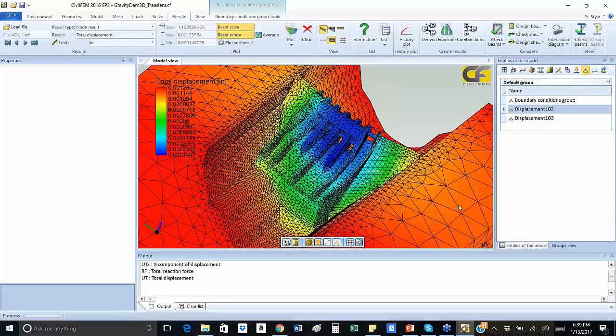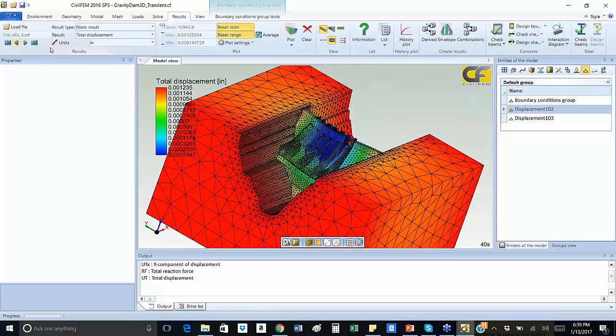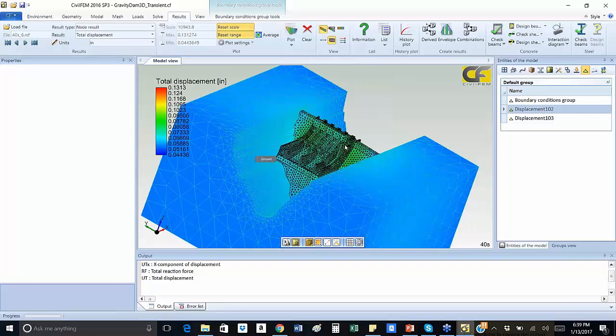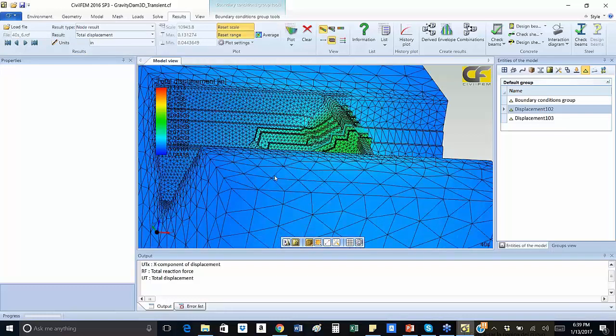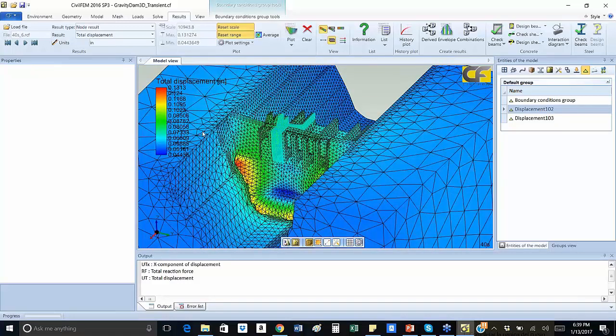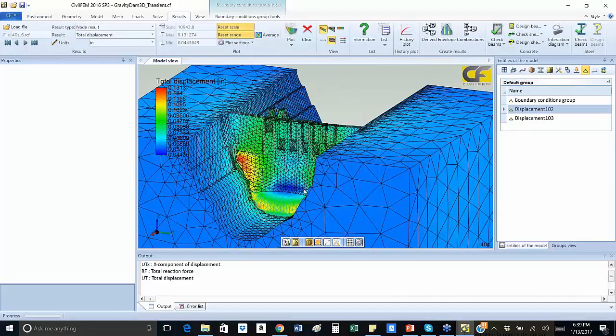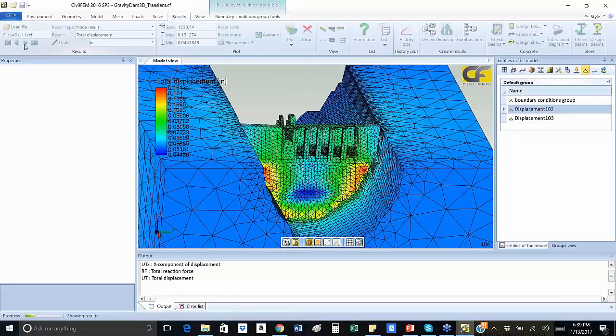Now we proceed to the next step. We will see a greater displacement in the lower portion of the model. We continue the time history of the X displacement.